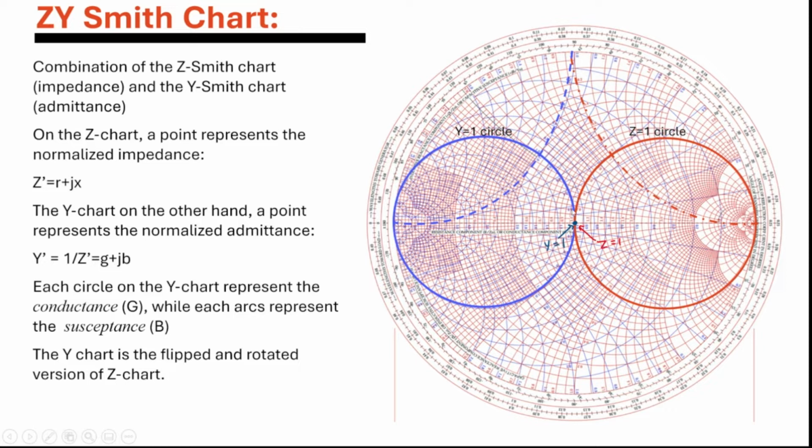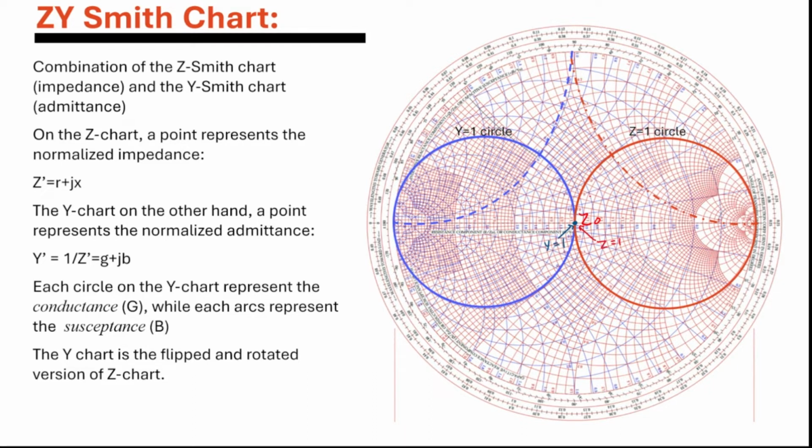If you notice at the center here, this is the point where Z equals 1 and Y also equals 1. So that will be our Z naught point.